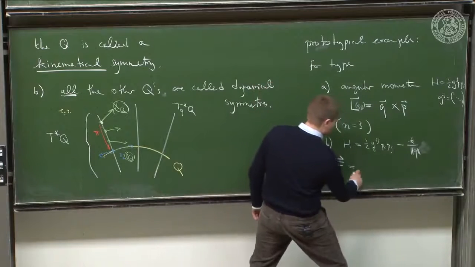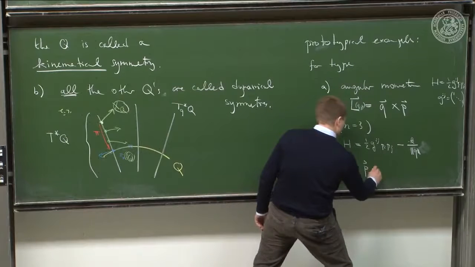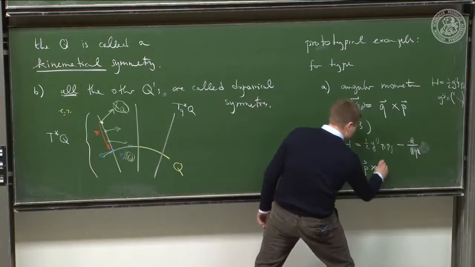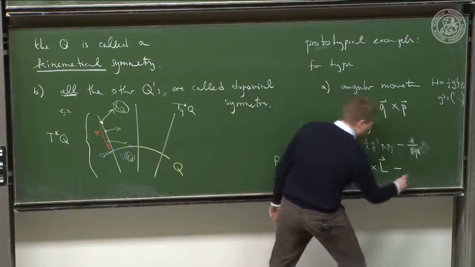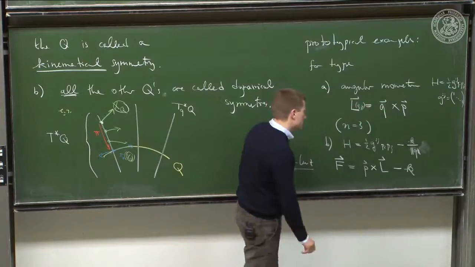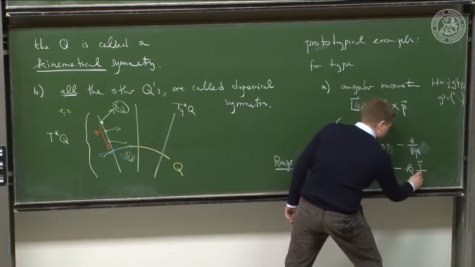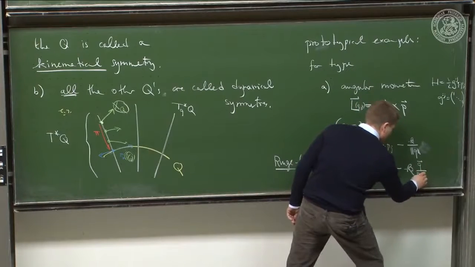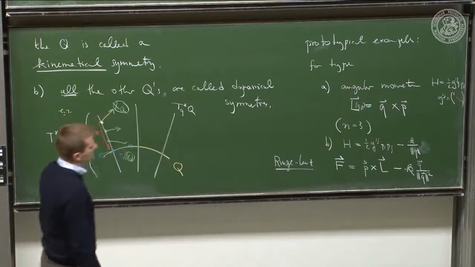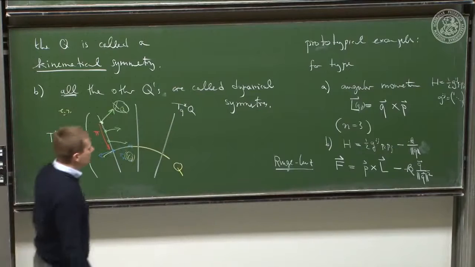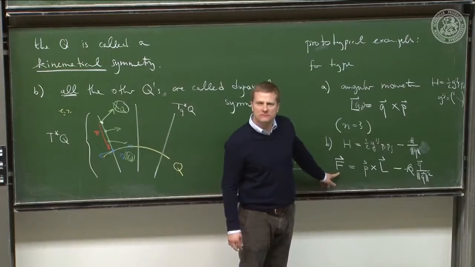And you may remember that this is given as P cross angular momentum minus k Q vector divided by the absolute value of Q vector squared. This is the Runge-Lenz vector. One can check that for this Hamiltonian, each of these components is conserved.